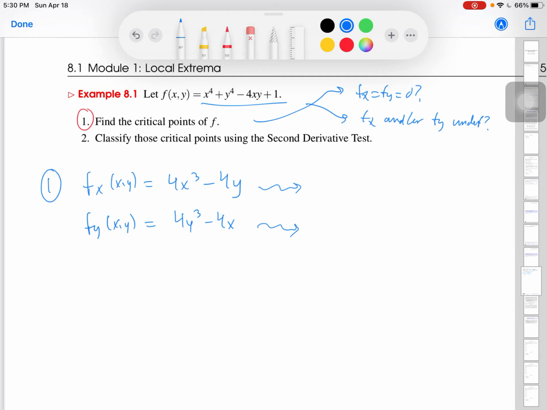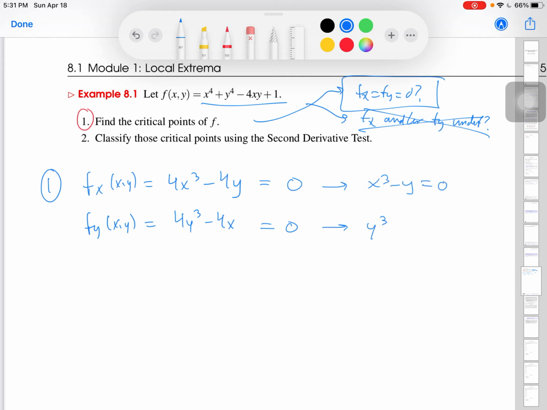They are continuous, as we said in previous videos, for all x, y. They are always defined. They are never undefined. So there are no singular points in this example. There may be some stationary points. I don't know. I will have to set each of these to 0. And then now I have a system of equations. So the first one I get is x squared minus y equals 0.